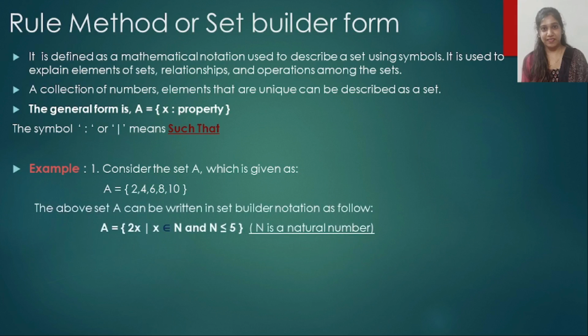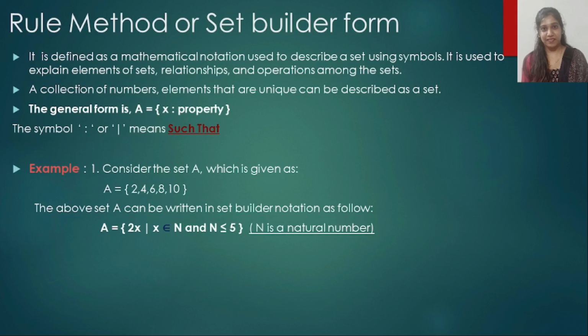In rule method we will write set A equals curly bracket open, 2 into x. This is the general form of a rule method. 2 into x such that x belongs to N and x is less than or equal to 5.